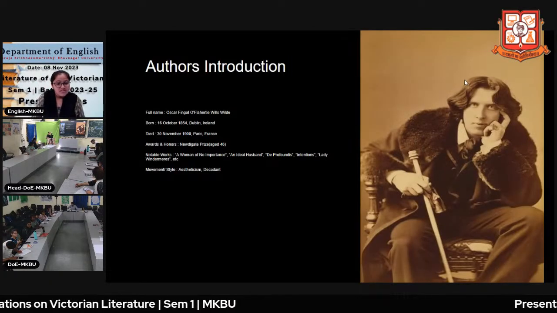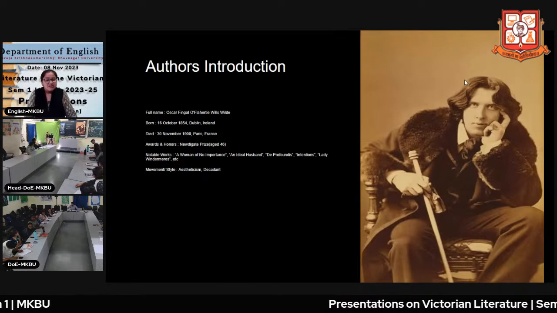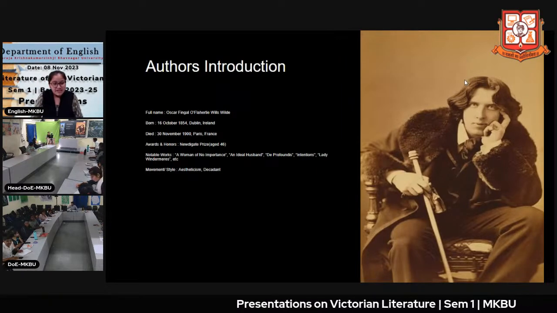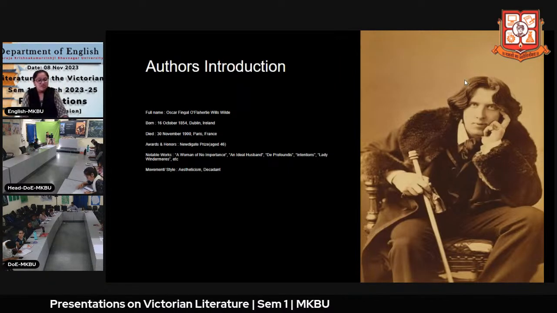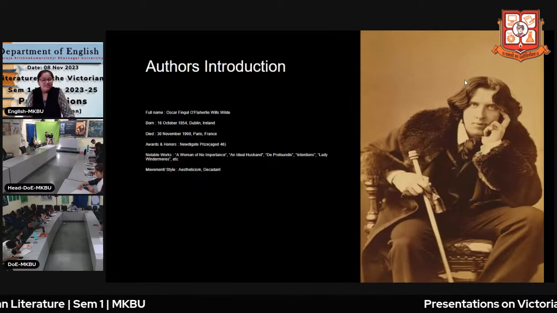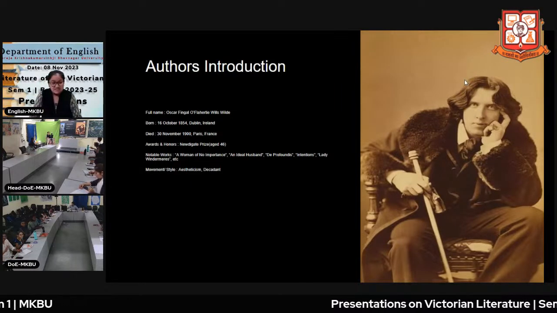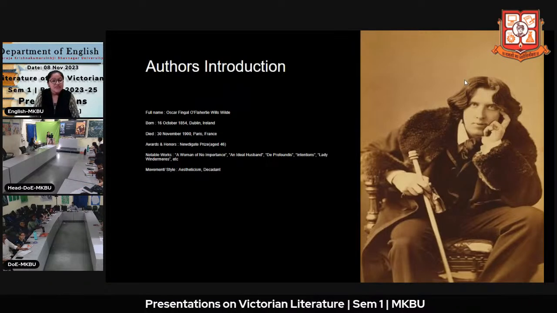This is the author's introduction. His full name is Oscar Fingal O'Flahertie Wills Wilde. He was born on 16th October 1854 in Dublin, Ireland. He died on 30 November 1900 in Paris, France.